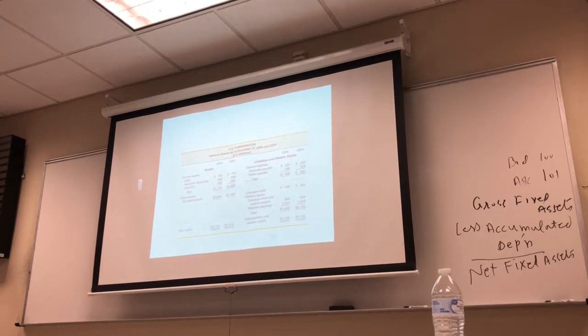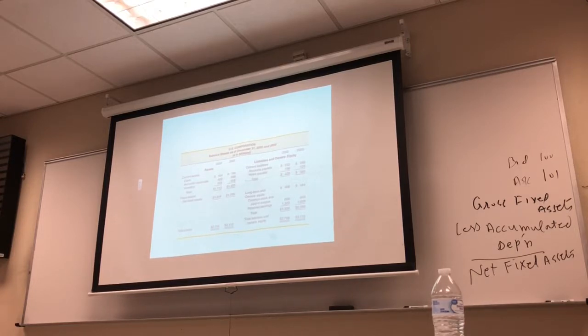Maybe you bought this machine 10 years ago. Okay, and over 10 years you were writing it off as the IRS required you. Okay, maybe you purchased for 1 million, and over the past 10 years you have written off half of the value, $500,000. So the remaining net fixed assets could be $500,000. Okay, so that's the relationship between gross and net.